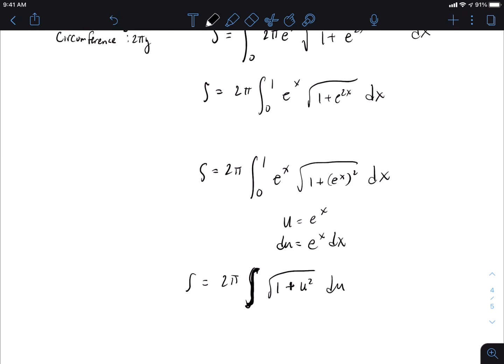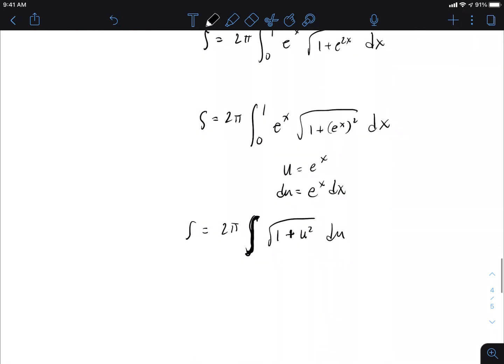Any thoughts? Would it be a trig sub? That's what it is. This is a trig sub with tan.